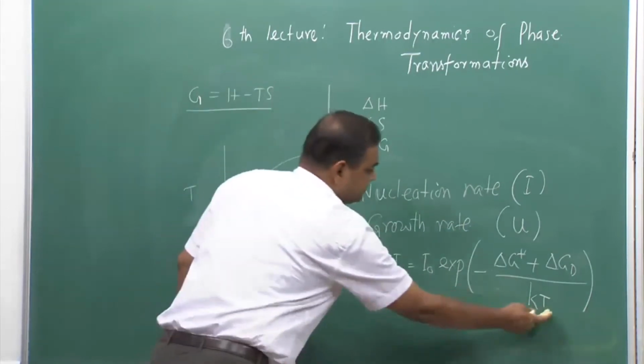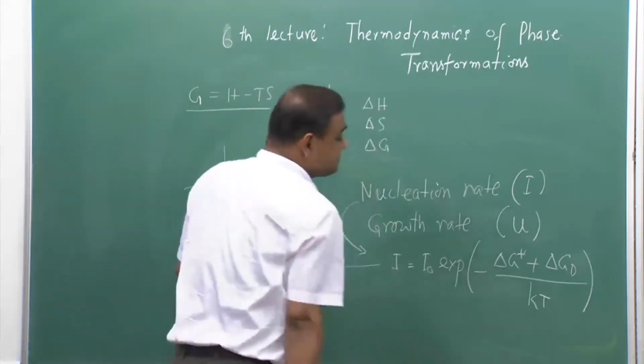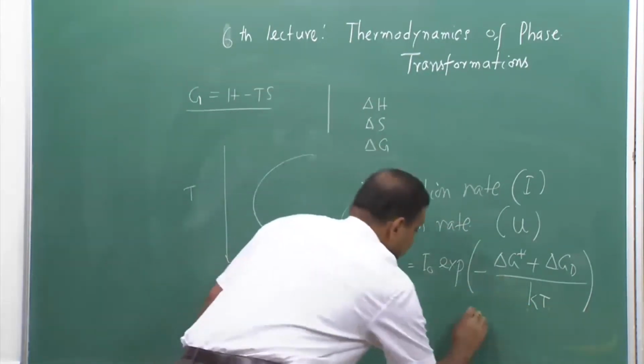This temperature is in Kelvin scale, and this K is the Boltzmann constant.